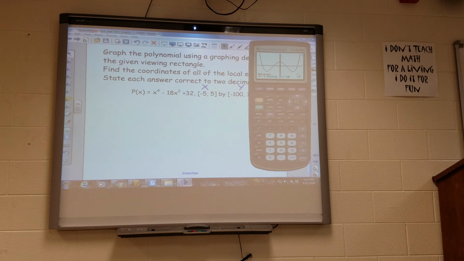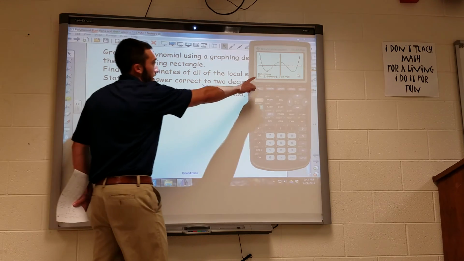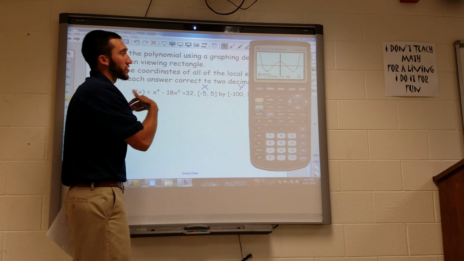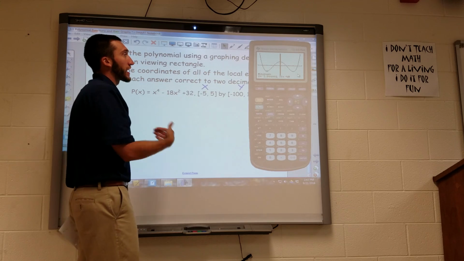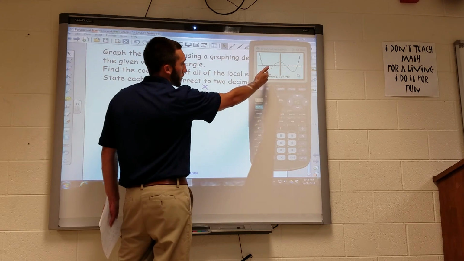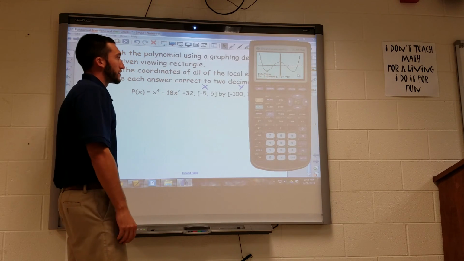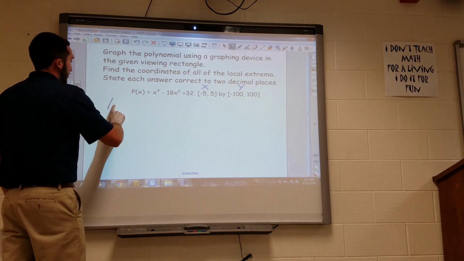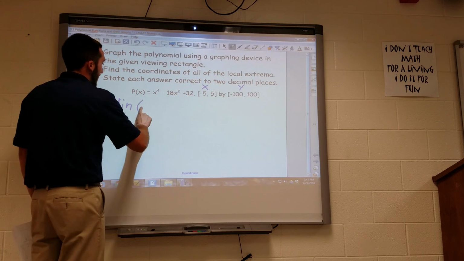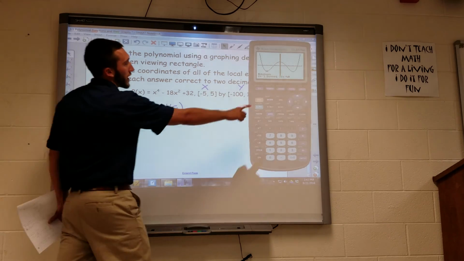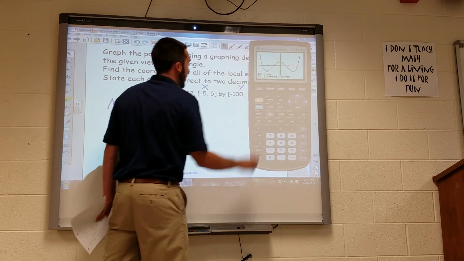And when we do that, we can see that the minimum is at -3 and -3.000001. It's basically saying it's at -3. Your calculator just can't evaluate it perfectly, but we're going to say that the minimum is at (-3, -49). So local extrema, one, we have a min at (-3, -49). We also have another min over here at (3, -49). I've already gone ahead and checked and made sure.